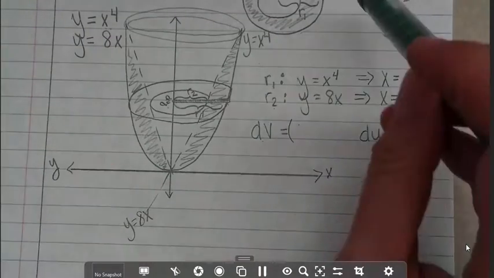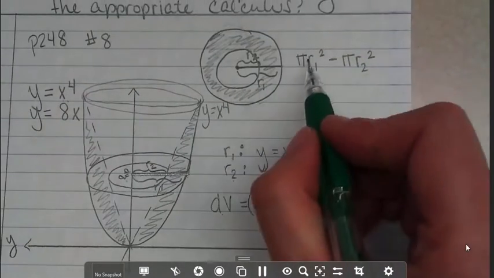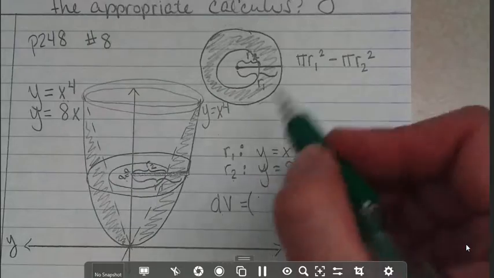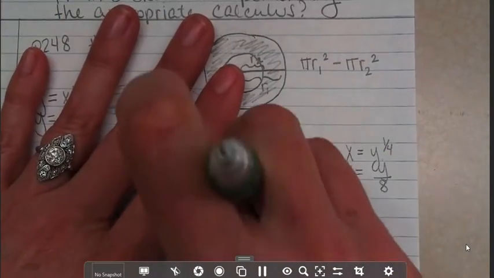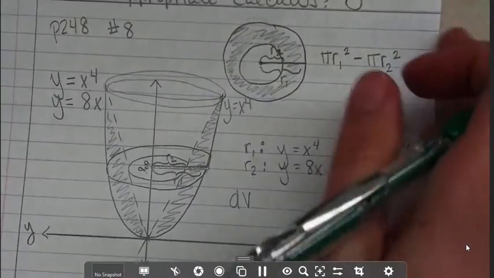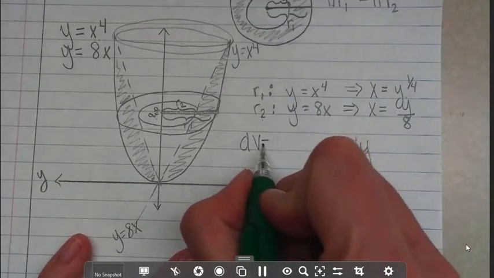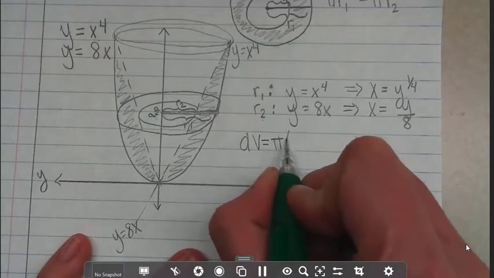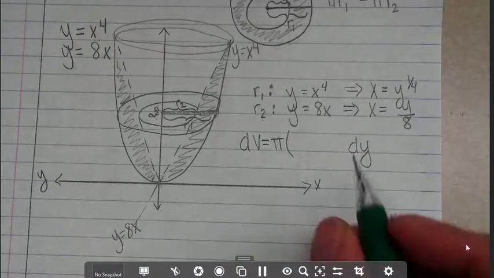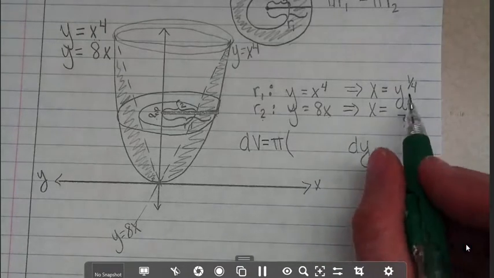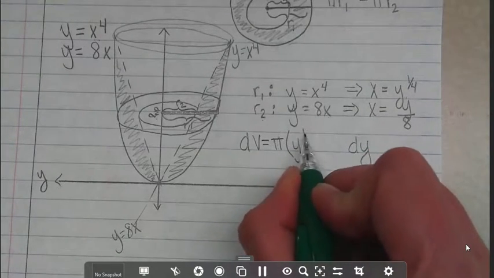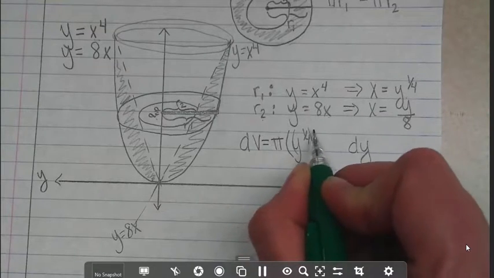Oh, and actually there's a pi in common, so I really could just factor out that pi. So I think I'm going to do that. Let's give myself a little bit more room here. I'm going to factor out pi. And then I'm going to do R1 squared, which is the y to the 1/4, but I need to square that.